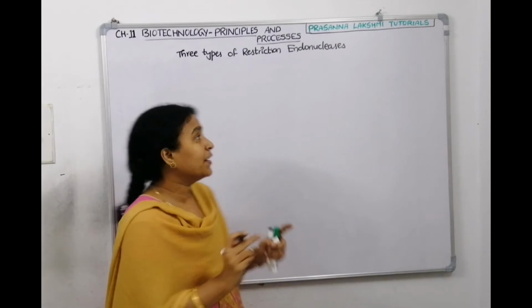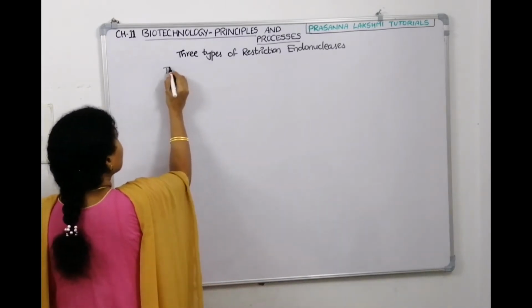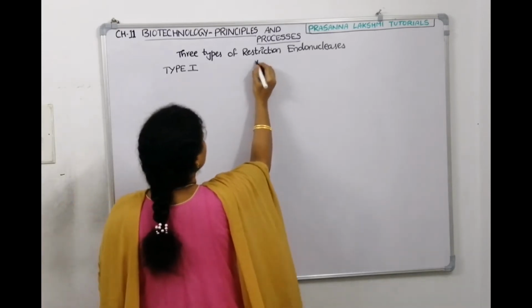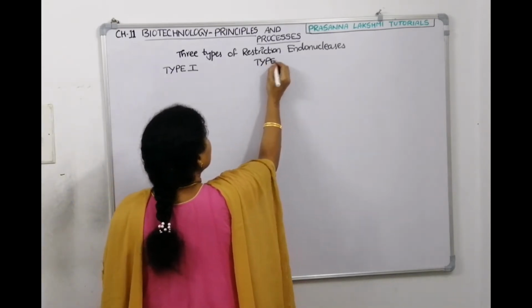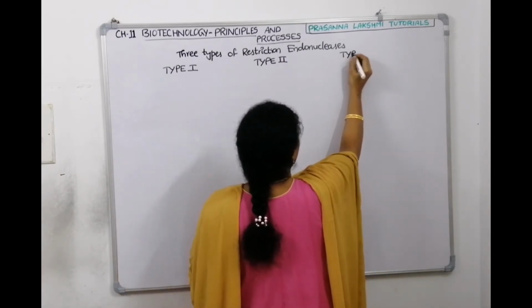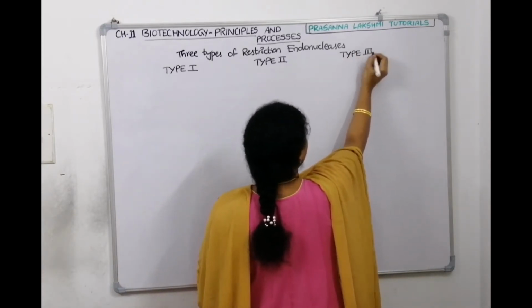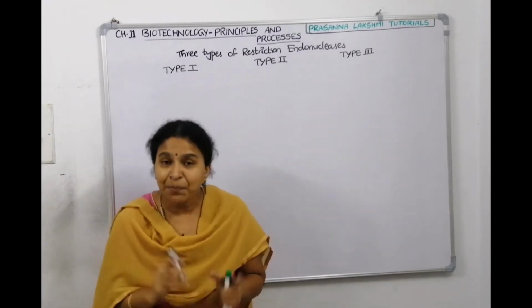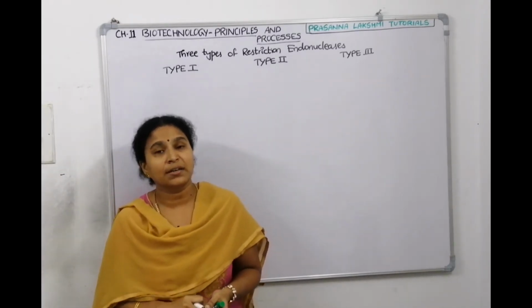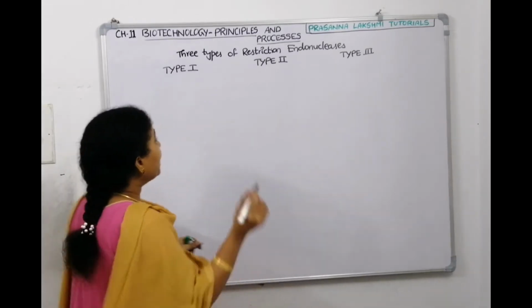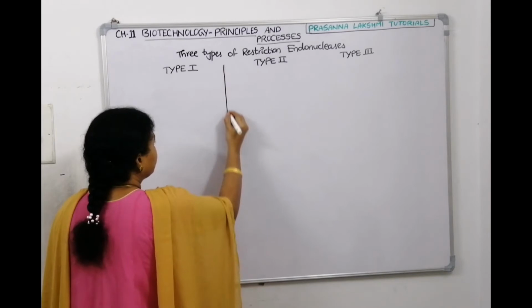Let us see the differences between them. The first one is called type 1. Then the second one is type 2 restriction enzymes. And the third one is called type 3 restriction enzymes. I will tell you which type of restriction enzymes are important in biotechnology. The commonly used one is type 2.